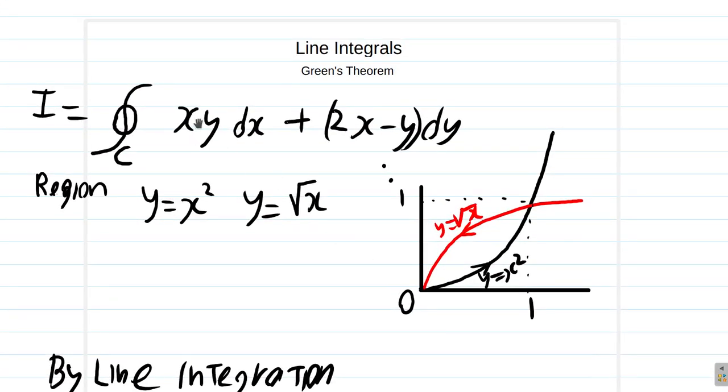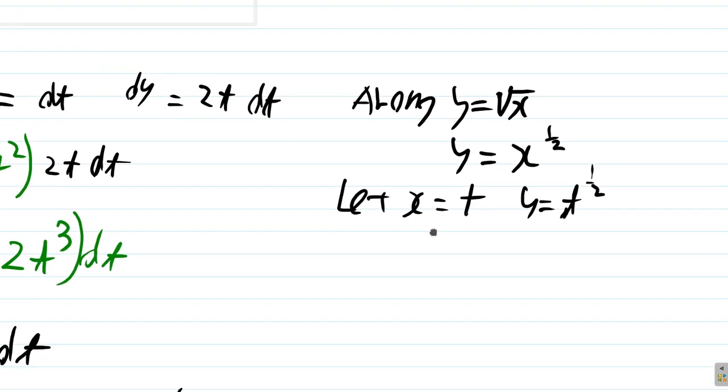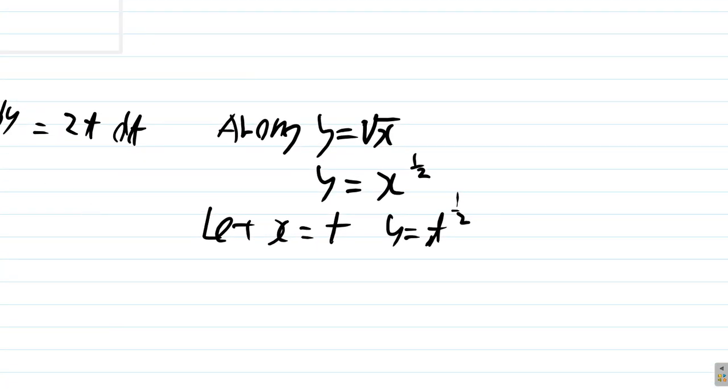So we have both x and y written as t, but we need to change the dx to dt and the dy to dt. So what would dx be? If x is equal to t, then you differentiate x with respect to t and you get 1. So dx is equal to dt. Now let's look at y. y equal t to the half.